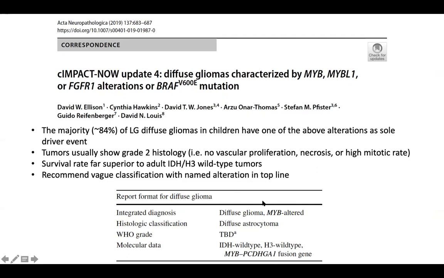While I will show you a variety of different histomorphologies for pediatric low-grade gliomas, by and large, this is the practice that we're going to be moving to more and more, abandoning labeling them as specific top-line diagnoses and deferring that step to ancillary molecular testing.